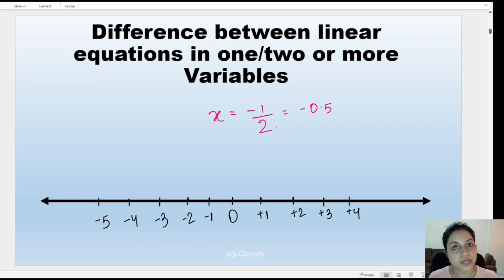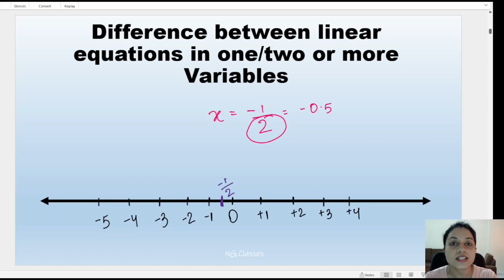So let's represent it. Here the denominator is 2. That means we have to divide in between 0 to minus 1 in two equal parts, right? Like this. Now this is the location of minus 1 by 2. So what we did here, we found the solution of the given equation. We know it's a unique solution since that is the only value of x which will satisfy the equation, and we have also represented our solution on the number line.